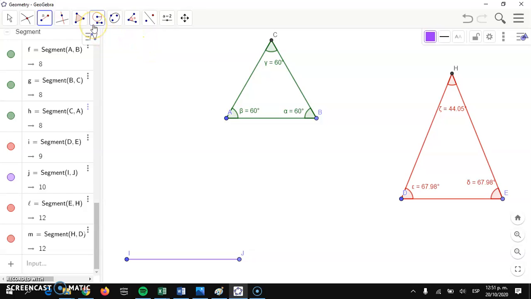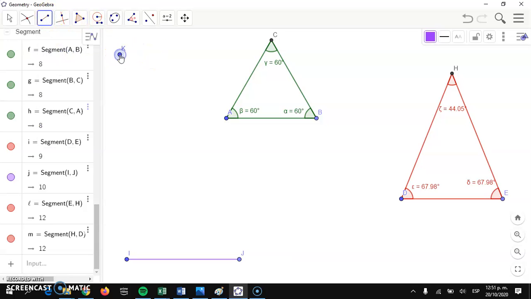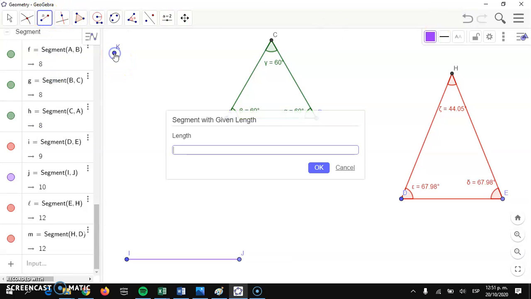This is going to be my first segment of my triangle, but the other two I'm going to make them in here. So I'm going to use maybe a segment with length, I don't know, could be 6. A segment with the given length. Let's make it with 6 of length.